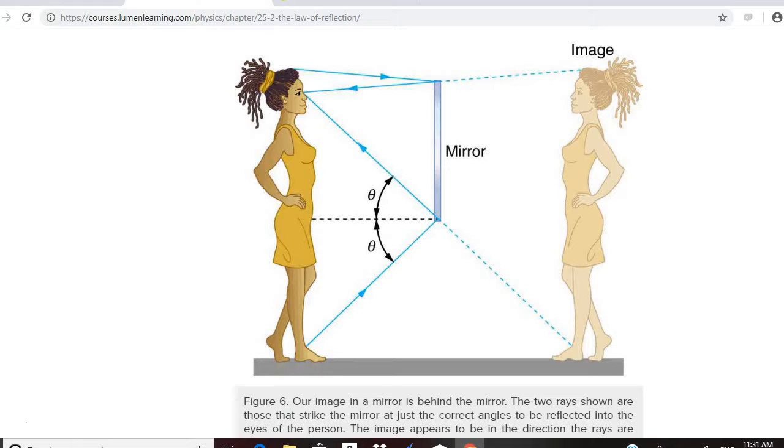So that light that is reflected off of the mirror will cause your brain to form an image.